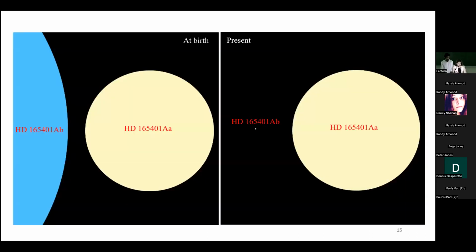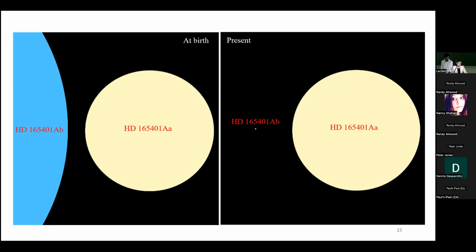This is an illustration of what the companion star was at the beginning. You see the blue star as a big blue circle. That's what we mean when we say the star is a B-type star with a mass of 5.2, compared to the primary star, which has a mass close to the sun.